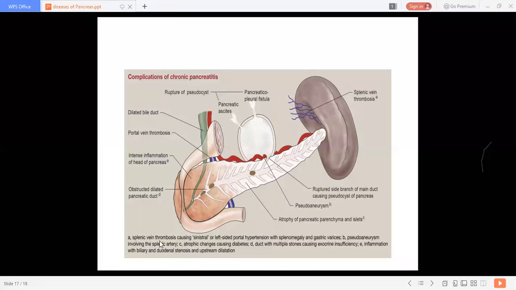See, the splenic vein thrombosis causes sinistral or left-sided portal hypertension with splenomegaly and gastric varices. What are varices? Does any one of you know this word? Gastric varices? Yes?